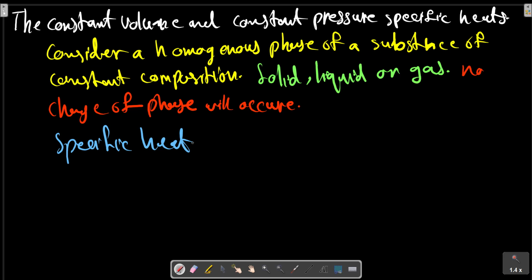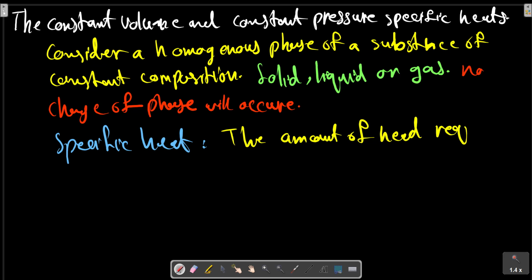The amount of heat required per unit mass to raise the temperature by 1 degree.